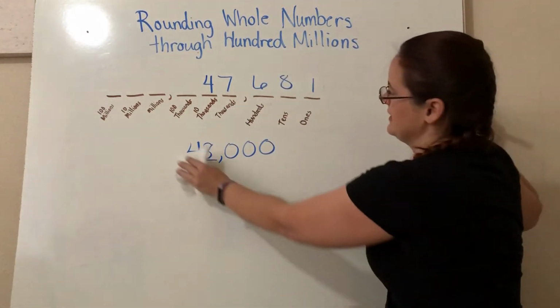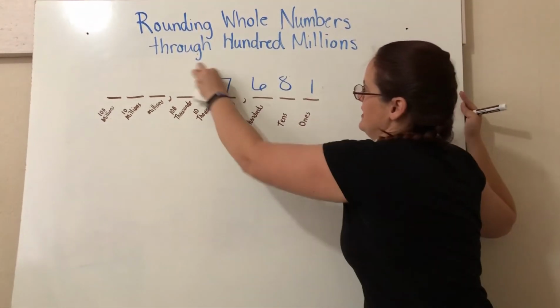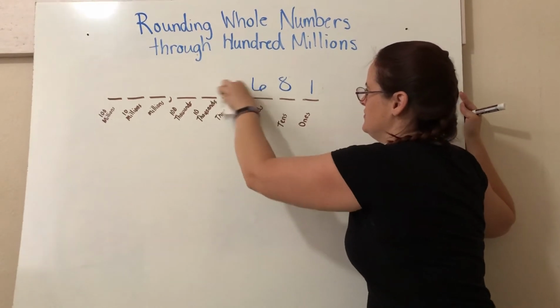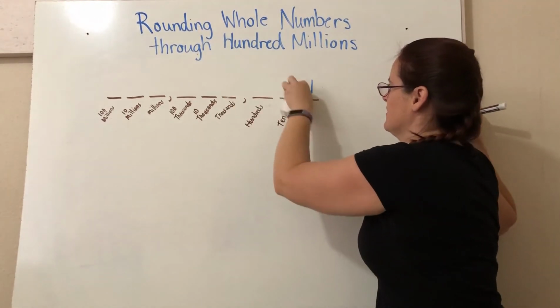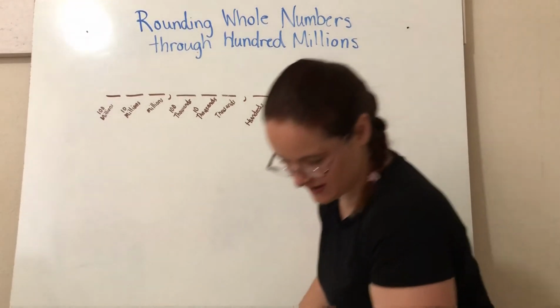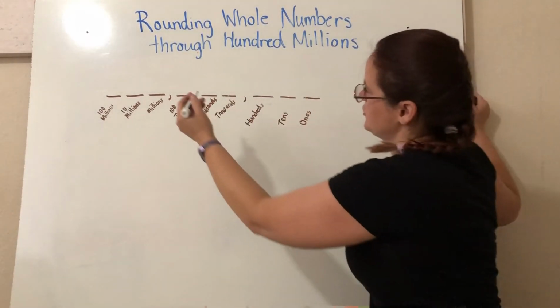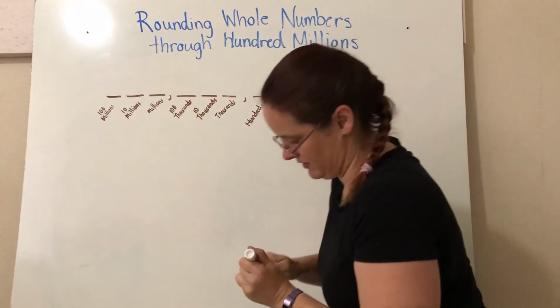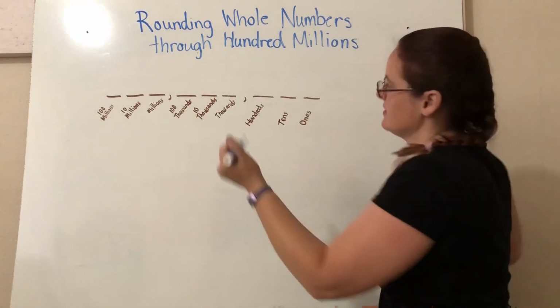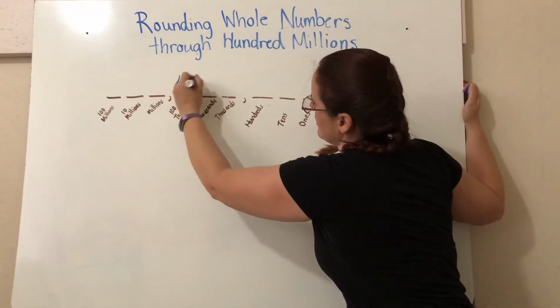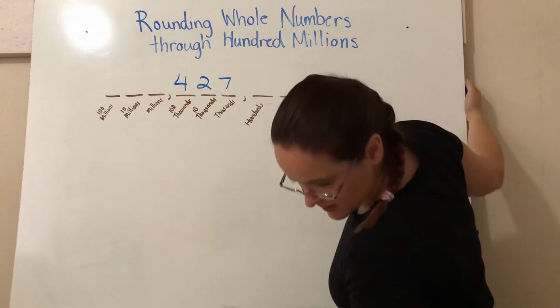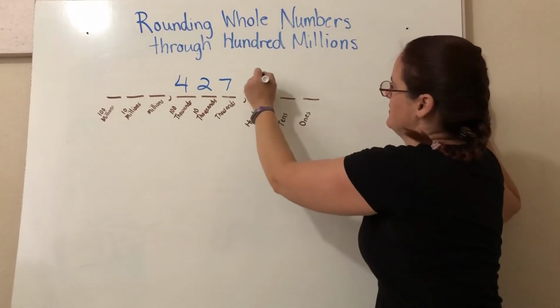All right, now we're going to get a little bit bigger number. Let's do 427,000. Oh, I want to change colors. 63.